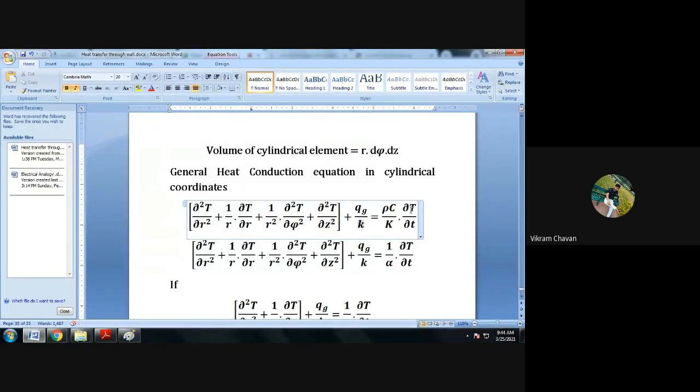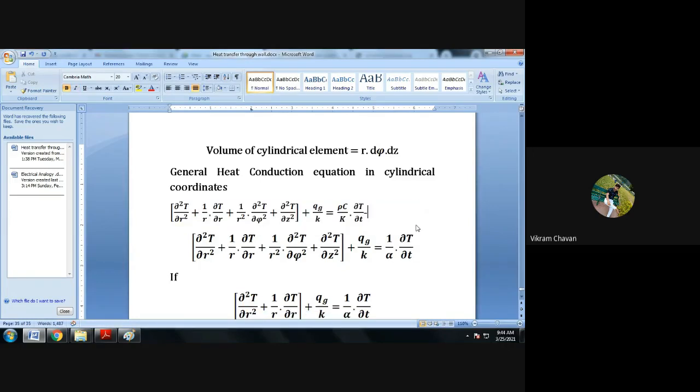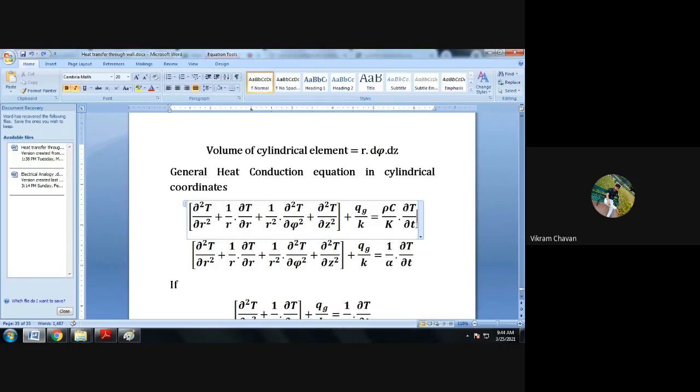So del T by del t is the change in temperature with respect to time. That will be our general heat conduction equation. So write down this equation: the general heat conduction equation in cylindrical coordinates.